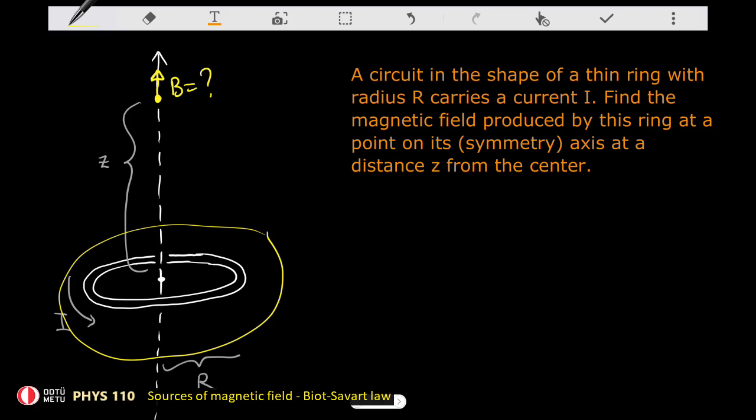In that case, it doesn't matter whether it is circular in shape or rectangular or some other complicated current distribution. Only the magnetic dipole moment would be important. So by solving this problem, I'm also going to solve the problem of how a dipole produces a magnetic field in space. I'm going to come back to this at the very end.